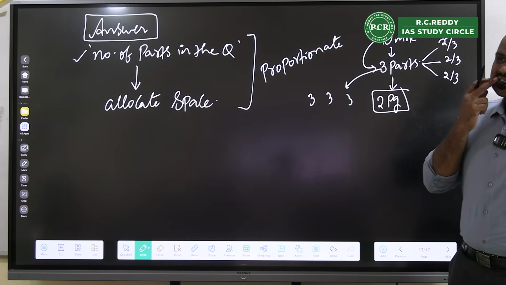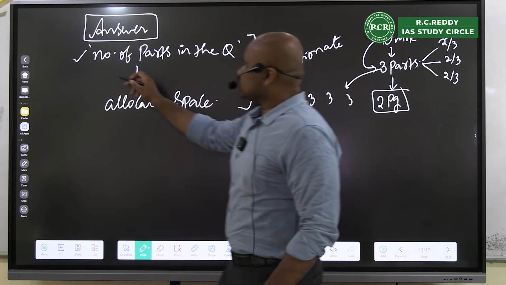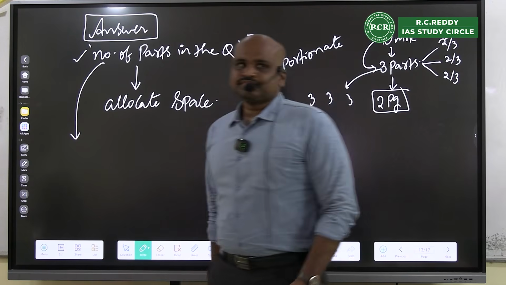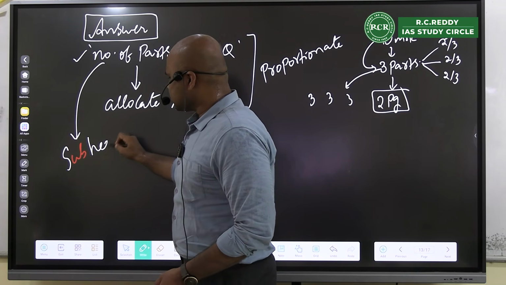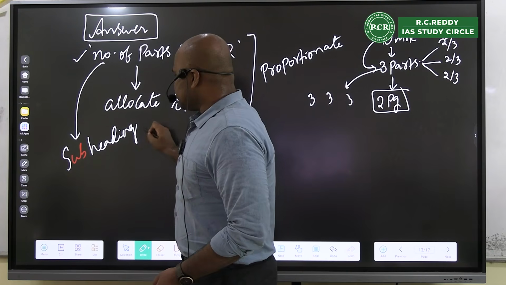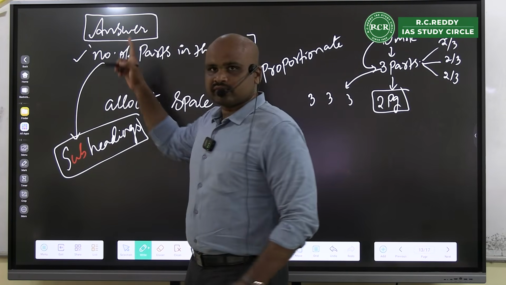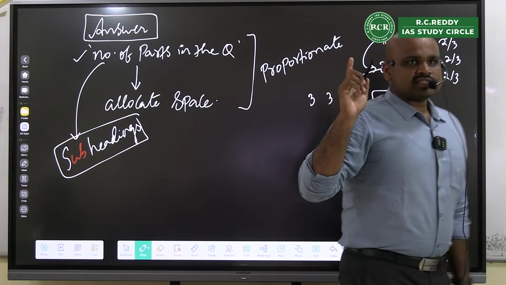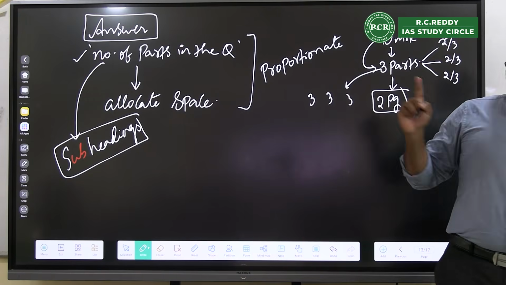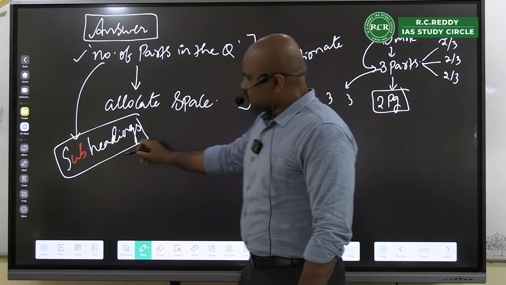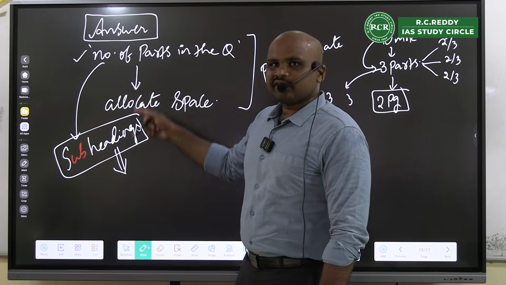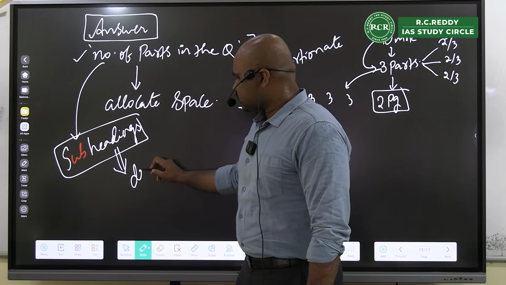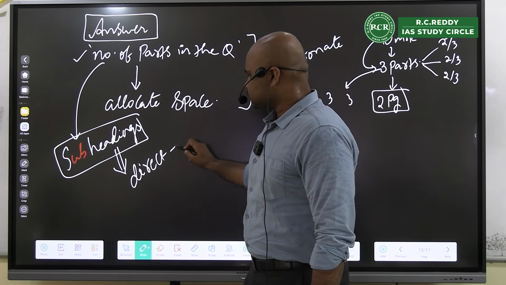The second compulsory thing that has to be remembered whenever I am talking about the number of parts is that I will have to derive my subheadings accordingly for each part. And when I say subheadings should be derived accordingly for each part, the understanding is very clear again that the subheading for each part should directly be drawn from the question.